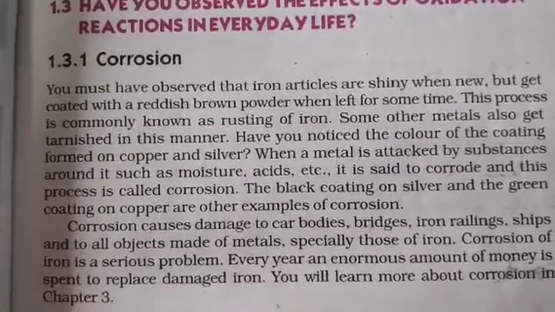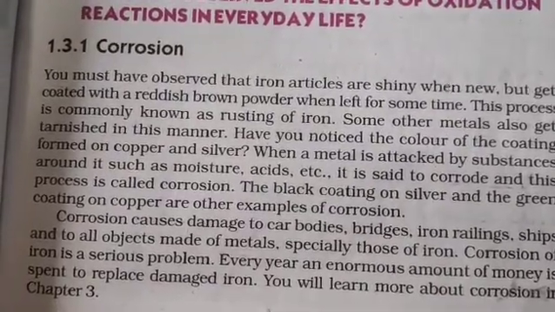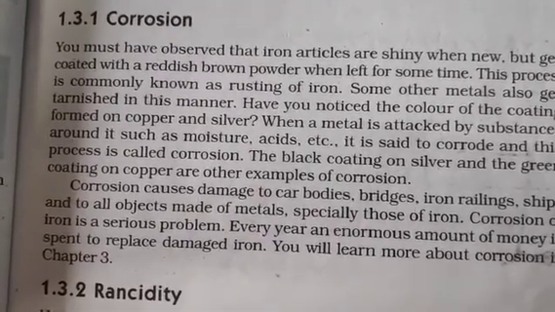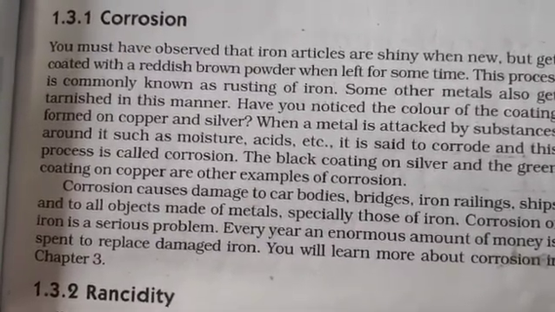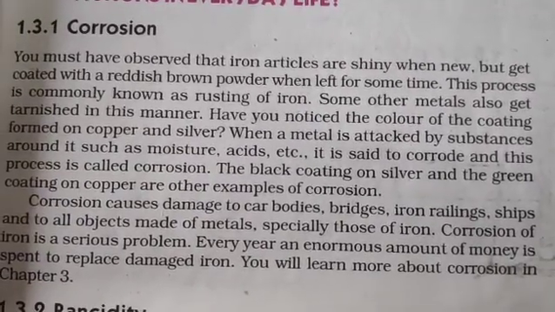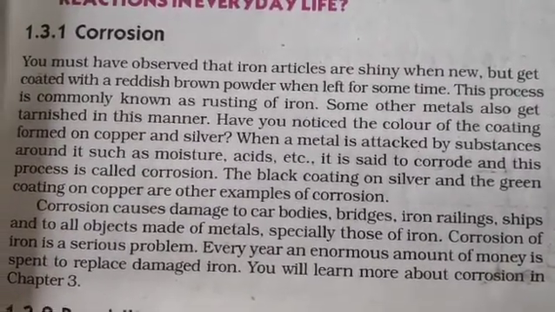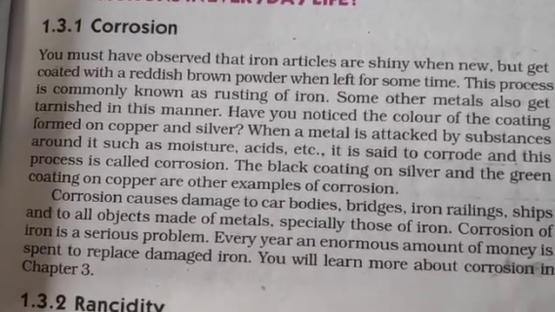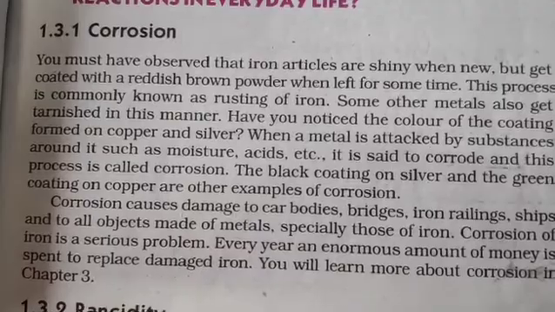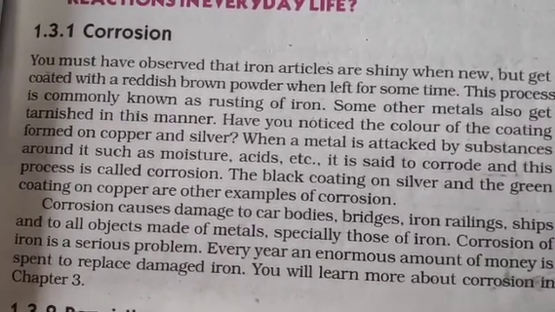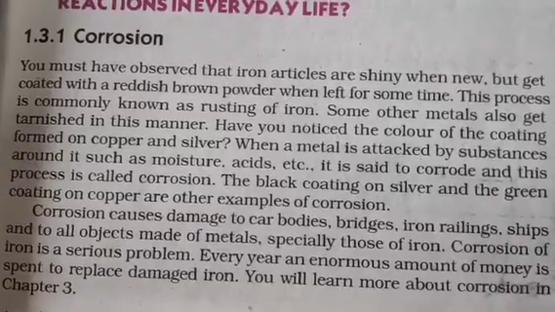The iron, if you don't get it frequently painted or maintained properly, you'll find that after few months, especially after the monsoon period, because of the humidity being high in the atmosphere, it will undergo corrosion. Correct? So here, even silver and copper vessels or ornaments, they will undergo corrosion. Correct? So these corrosions are reaction with the moisture and the acid.